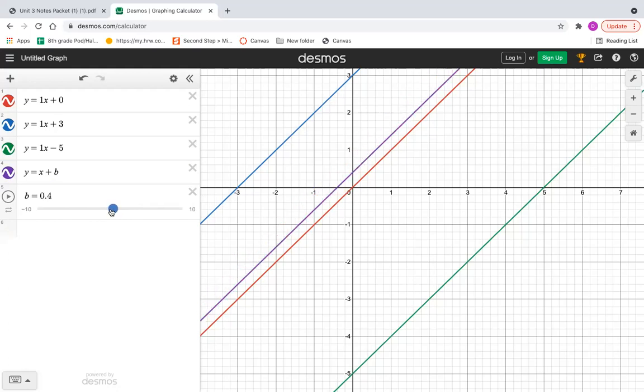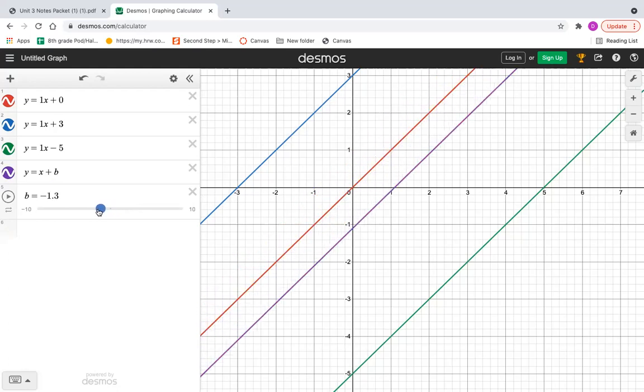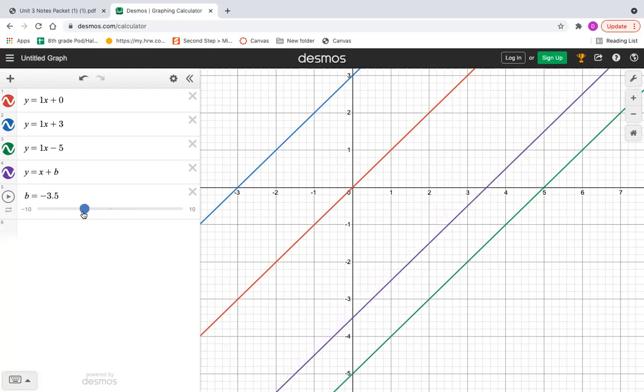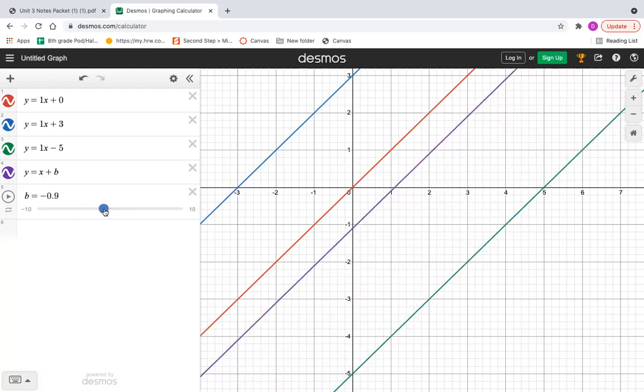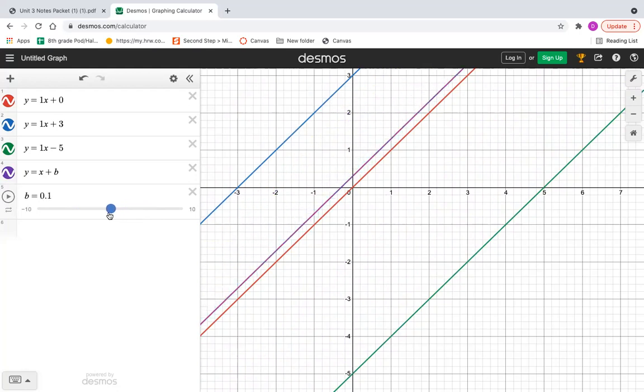And when I shift this, notice how it is changing all the time right there. So our b value is shifting up and down. But our slope every single time is still 1, right? So we're still getting all these parallel lines. Now, if it were at -1, notice our b value is at -1.